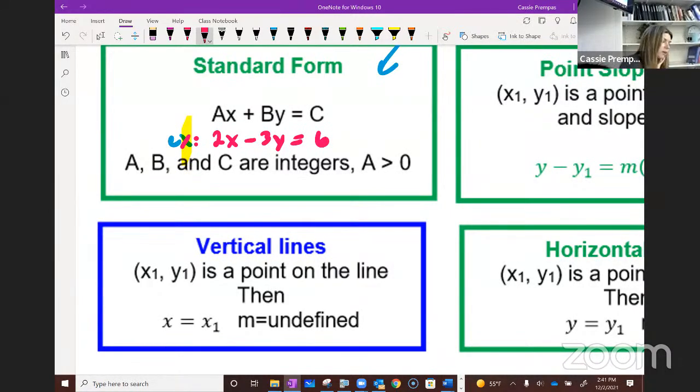Few pieces to be aware of. A, B, and C have to be integer values. What does it mean if a number has to be bigger than 0? It's a natural. It can't be negative. It has to be positive. So this number here, notice I gave it to you an example of 2. It has to be positive.